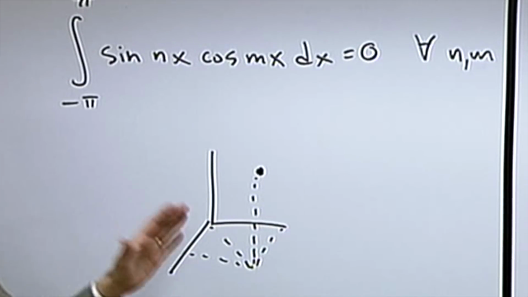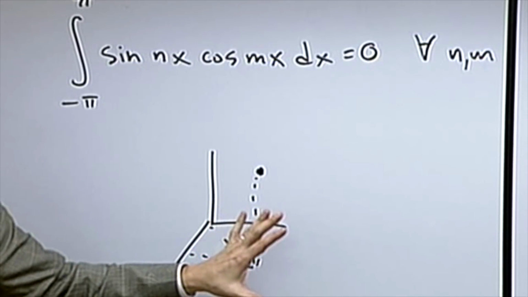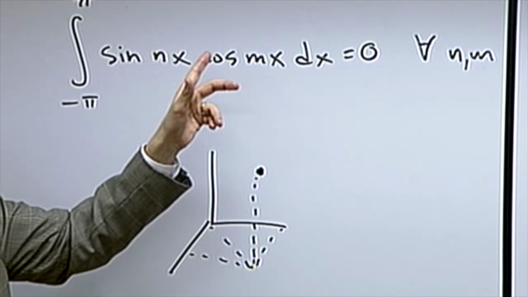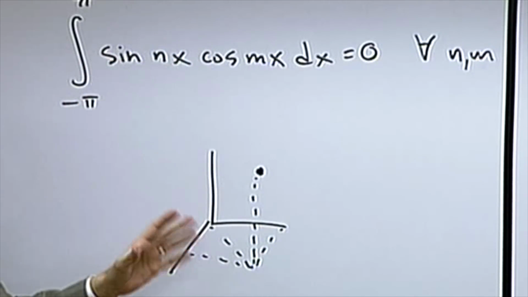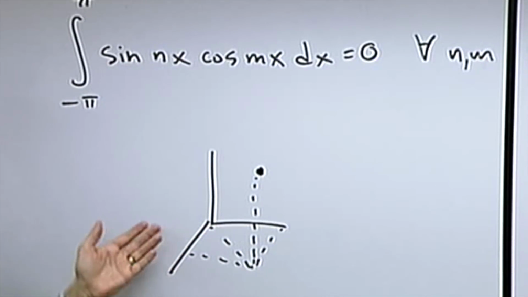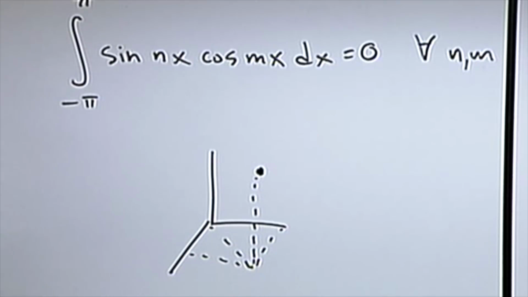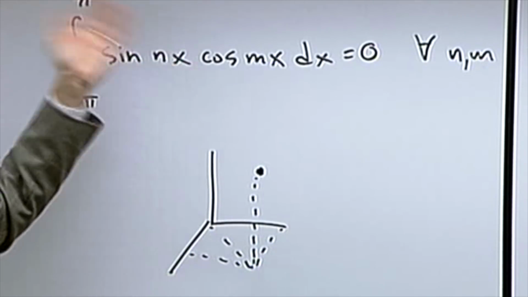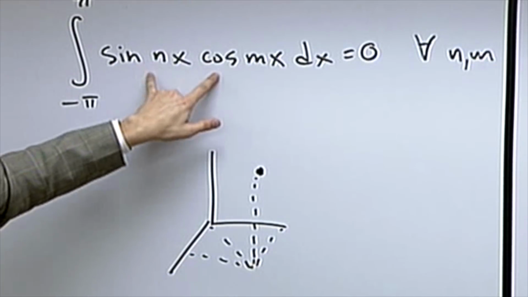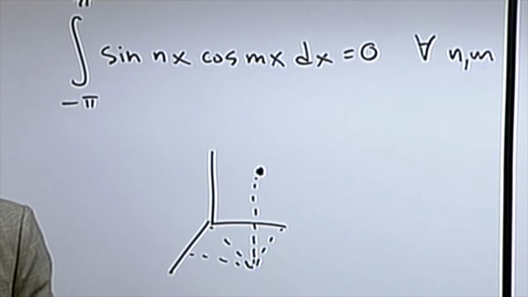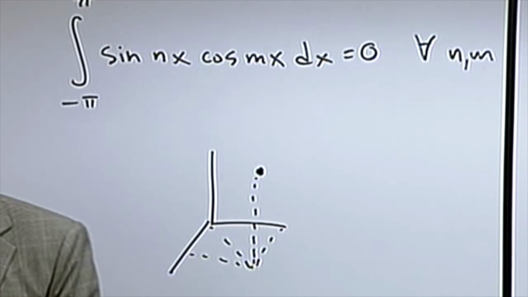So you take this idea, but now you're expanding something in function space. The sine nx and cosine mx are just like the x, y, and z coordinates, but now in some functional space. And it's infinite dimensional because n can be 1, 2, 3, 4, 5, whatever. But that is just telling you this is like the x direction, and that's the y direction. They're orthogonal to each other.